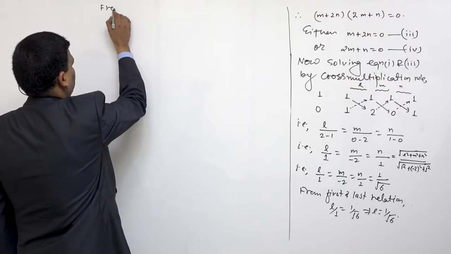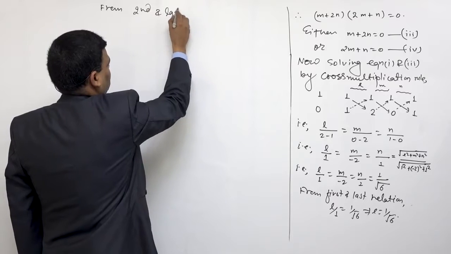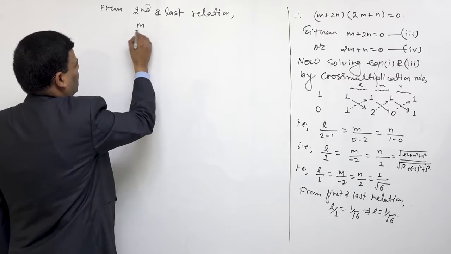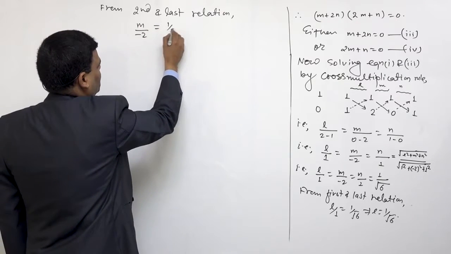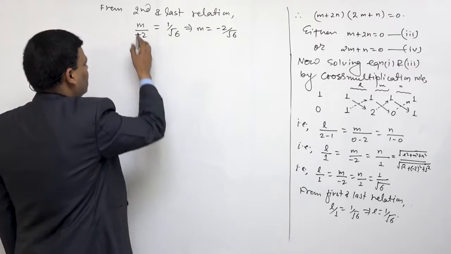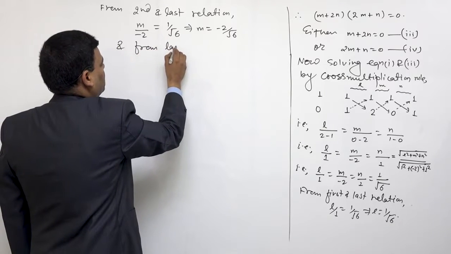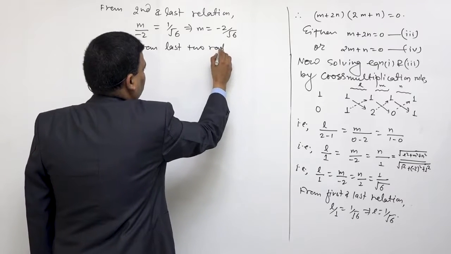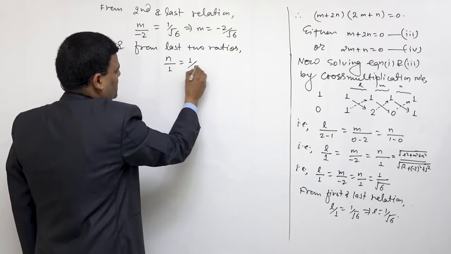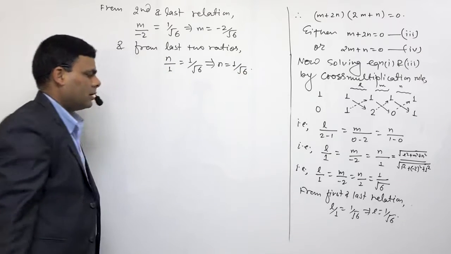From second and last relation, m upon minus 2 equals to 1 upon root 6 implies m equals to minus 2 by root 6, and from last two ratios, n upon 1 equals to 1 by root 6 implies n equals to 1 by root 6.